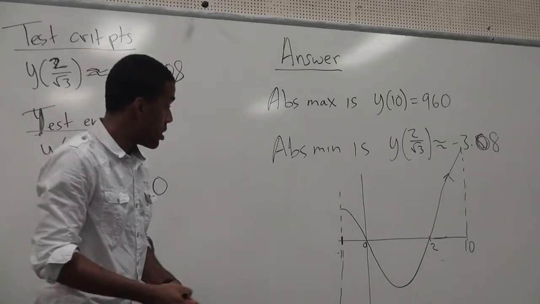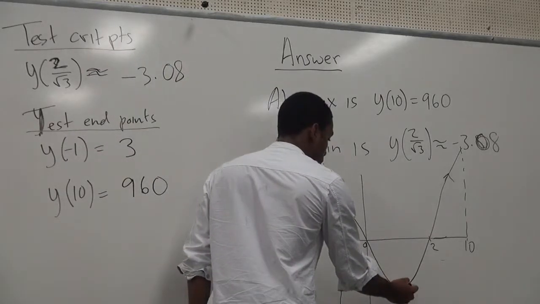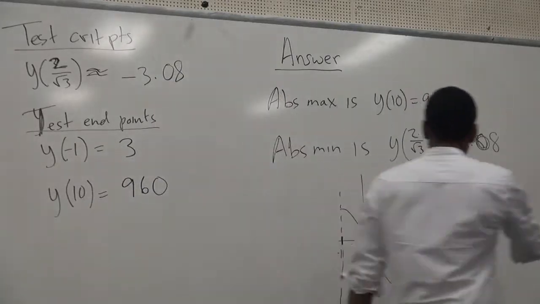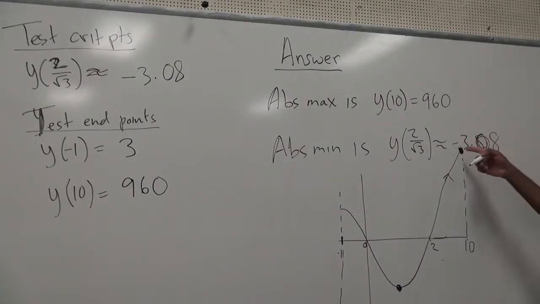The smallest value clearly happens here, at the positive one of the critical points, and the largest value clearly happens here, at the endpoint. It's not a local max or min, but it's the biggest in the region, and that's all we care about.